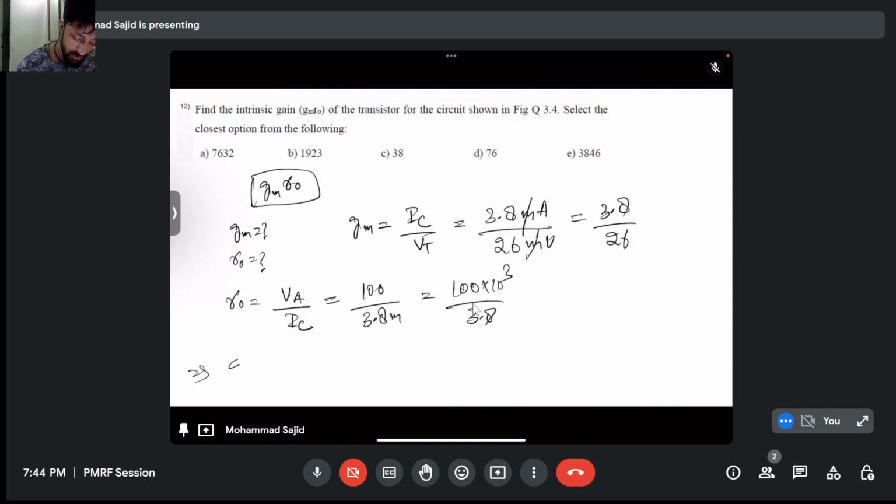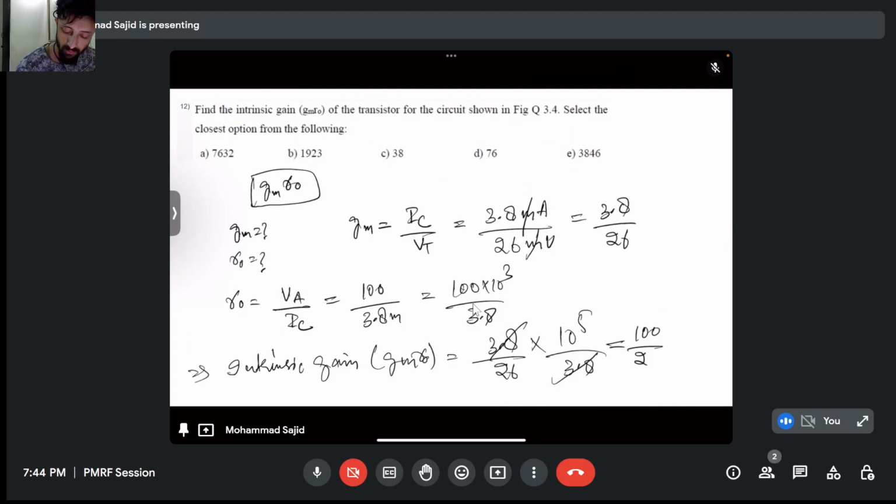So your intrinsic gain GM R naught is simply equivalent to 3.8 by 26 into 10 to the power 5 by 3.8. This will go, so 100 divided by 26, that is 3.84 kilo gain.